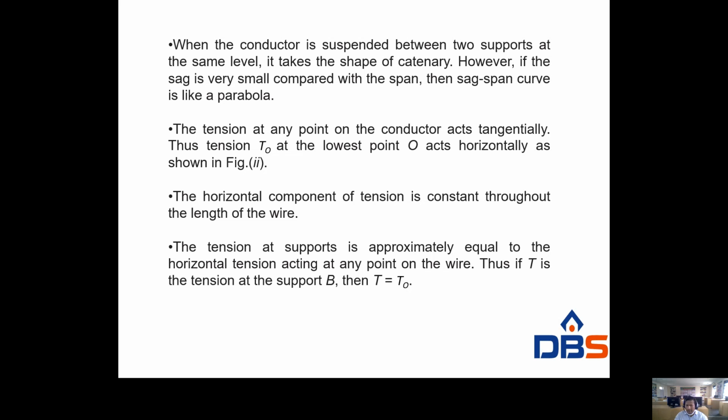The horizontal component of tension is constant throughout the length of the wire. Horizontal does not change, only the vertical length will change. Sag is the difference between the vertical length of the original conductor and the actual conductor. The tension at the supports is approximately equal to the horizontal tension acting at any point on the wire. Thus, if capital T is the tension at supporter B, then T is equal to T naught.